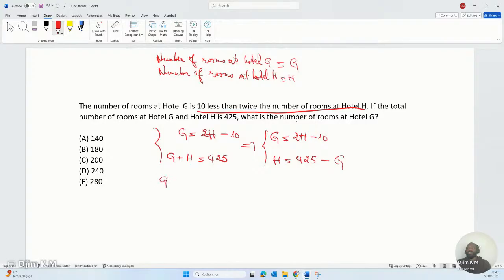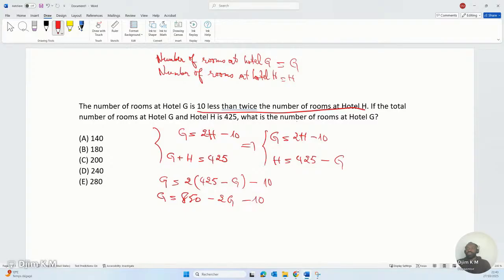So G will be equal to 2 times (425 minus G), minus 10. G equals 850 minus 2G minus 10.